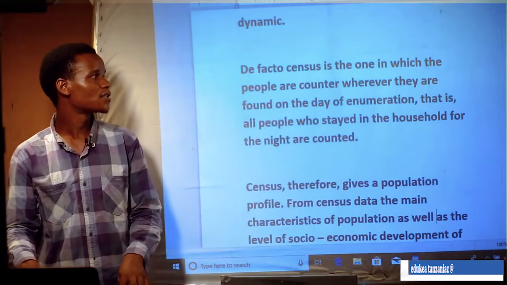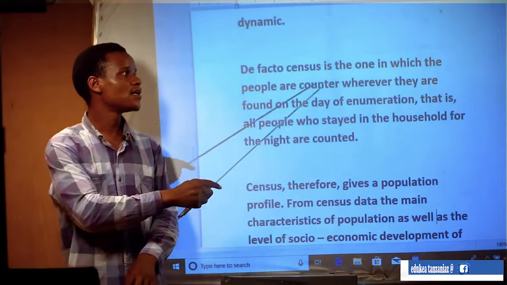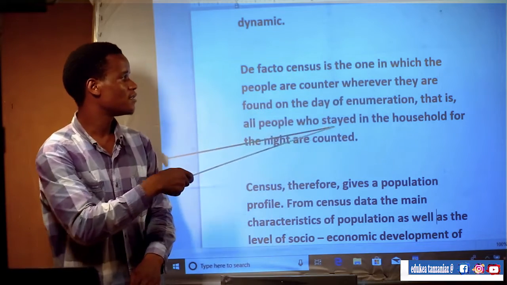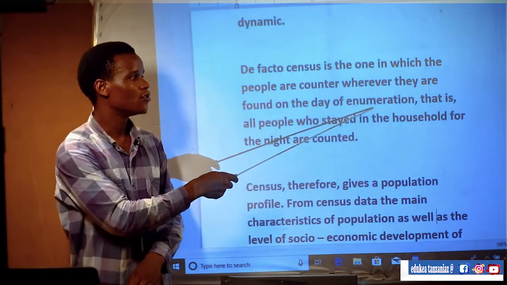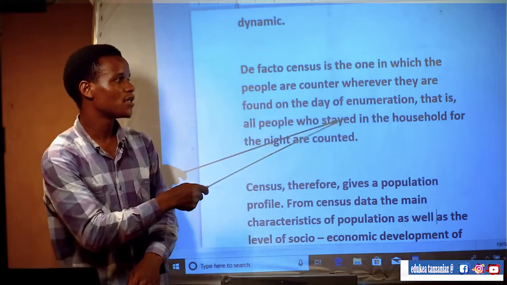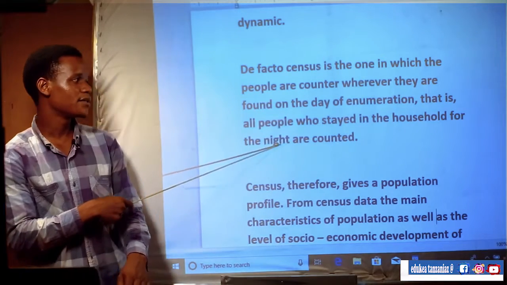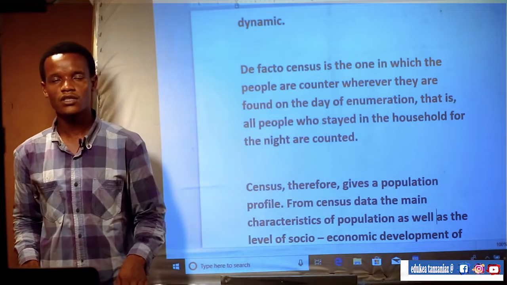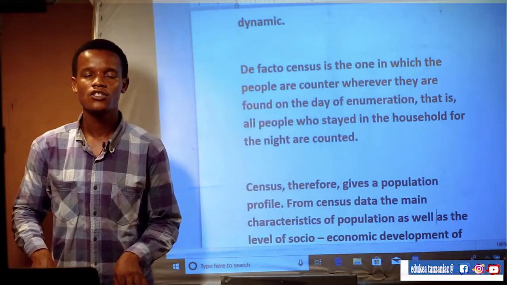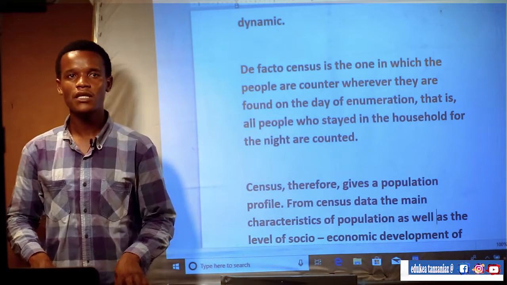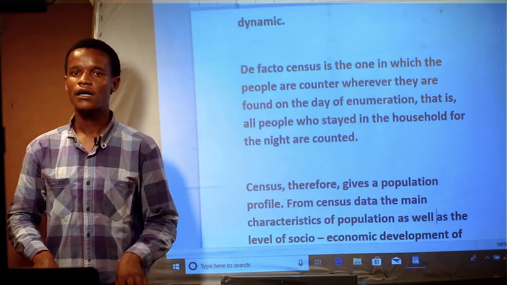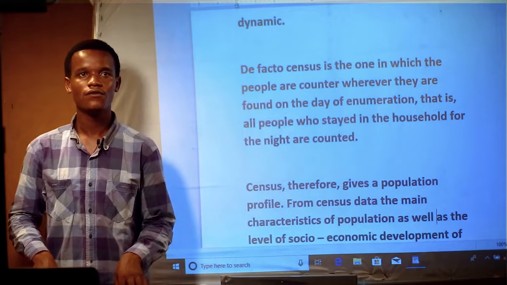Another is de facto. A de facto census is one in which people are counted wherever they are found on the day of enumeration. That is, all people who stayed in the household for the night are counted. In de facto, there is no consideration of permanent settlement. The person is counted wherever he or she lives.